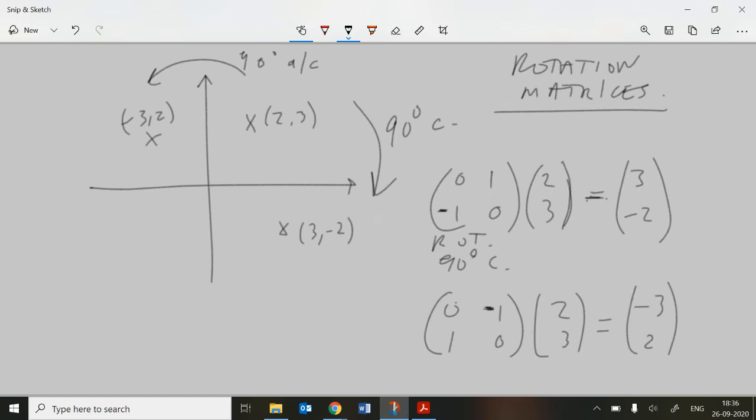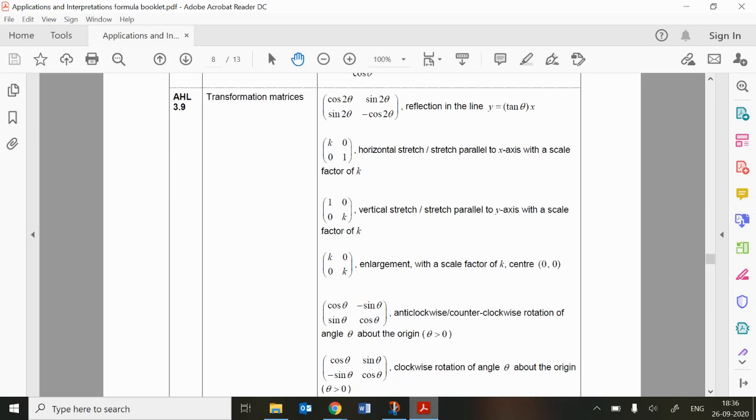So in this case, this is going to be our rotation of 90 degrees anti-clockwise. Okay, so that's the matrix which we need to apply to any set of coordinate points which will take us 90 degrees anti-clockwise.